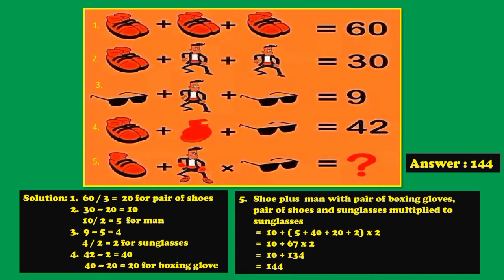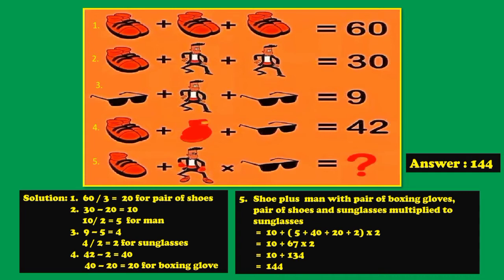Then the next part is a shoe, then a man wearing 2 gloves and also a pair of shoes, then we also have sunglasses.